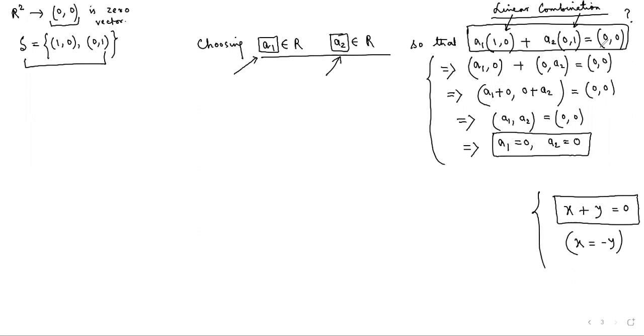I'm making an assumption that if a1 is multiplied by one of the vectors of S and a2 is multiplied by one of the vectors of S, and the outcome is a 0 vector, then what should be the values of a1 and a2? I come across a1 equal to 0 and a2 equal to 0. This is the only choice. So these are actually both way true. If a1 equal to 0 and a2 equal to 0, then only this linear combination can become 0, 0. Got my point?